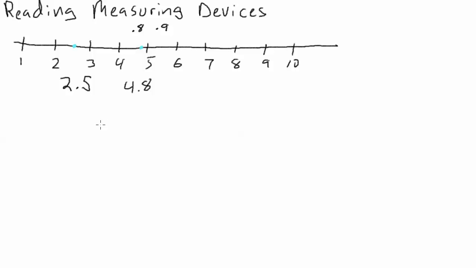But, and here's where kids get confused, not all number lines that you see on measuring devices are the same. So while this scale goes up by ones and there's no marks in between them, you might see a number line that looks more like this.